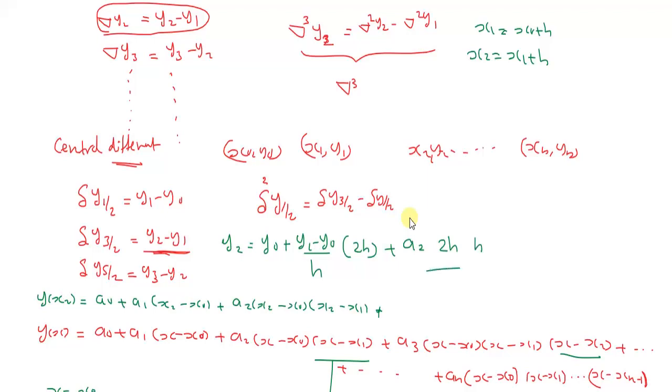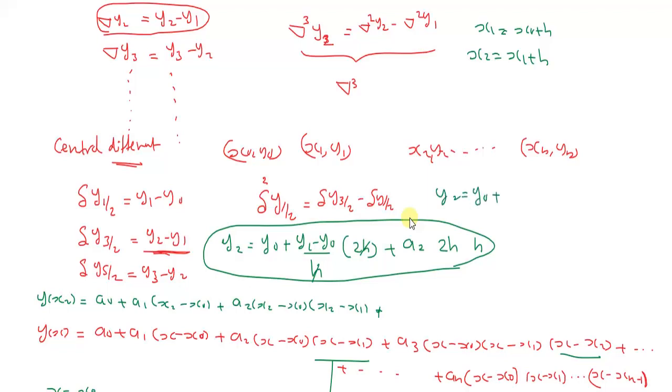Okay, now let us rewrite this term. You can cancel this h with this h. Okay, so here y2 is equal to y naught plus 2y1 minus 2y naught plus a2 into 2 h square, that is 2a2 h square. Now the y naught and the minus 2y naught here, you can cancel.